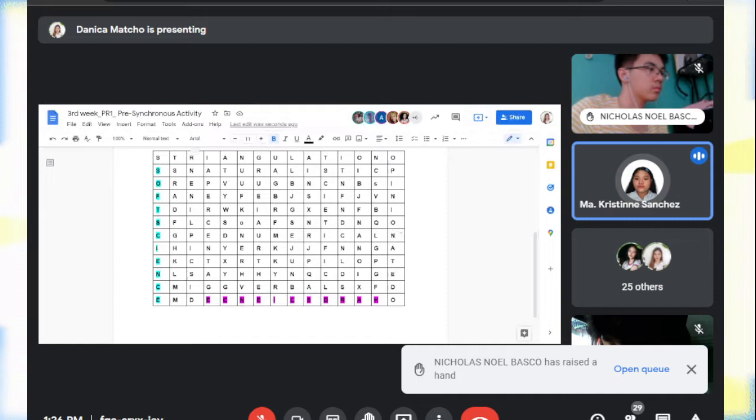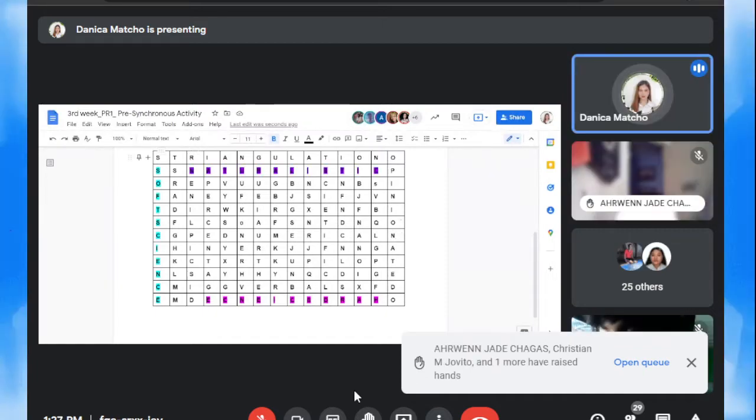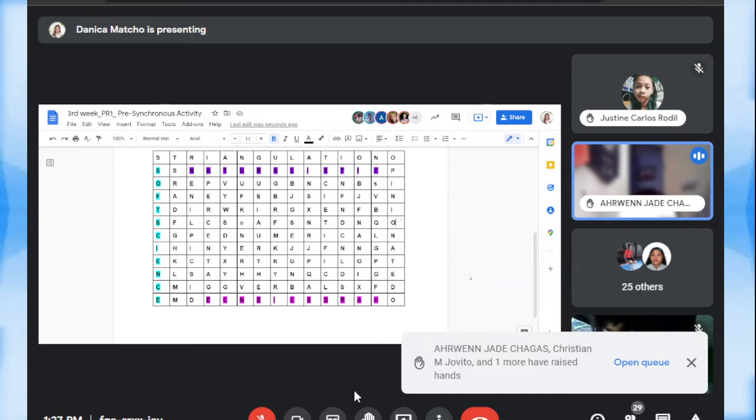Wait lang, ma'am. Nalito ako sa column. Ayan, ang column natin, ito yung 15. Pang 11th column, second row, pababa po. Okay, very good. So, 11th column, second row, we have the word scientific. Very good. Next.